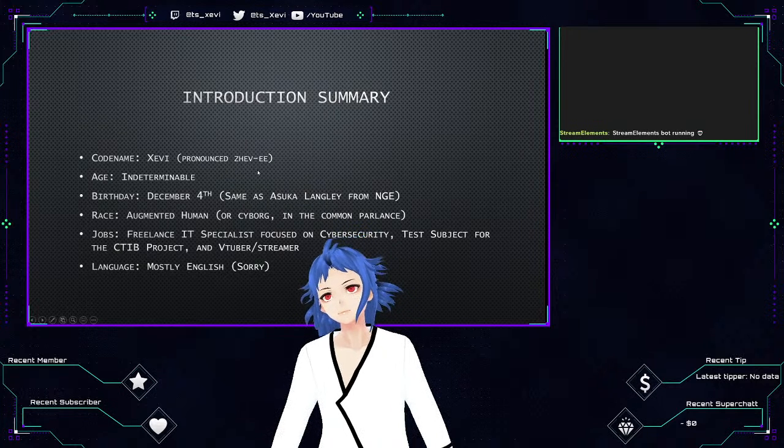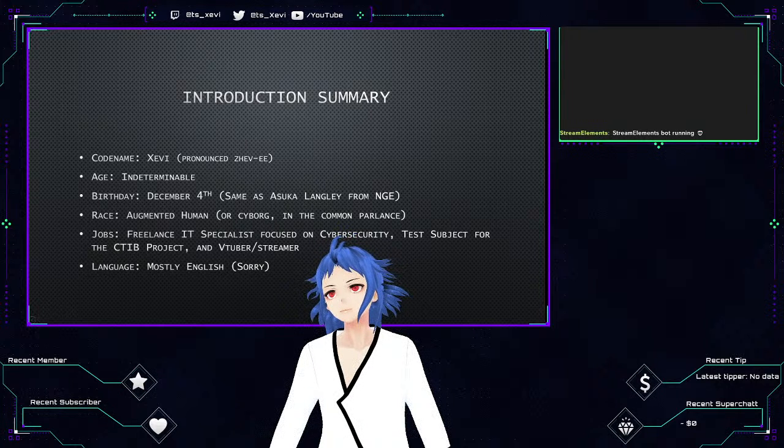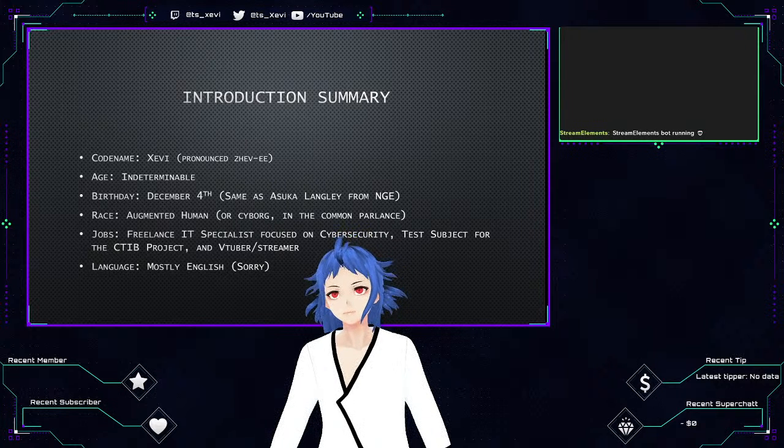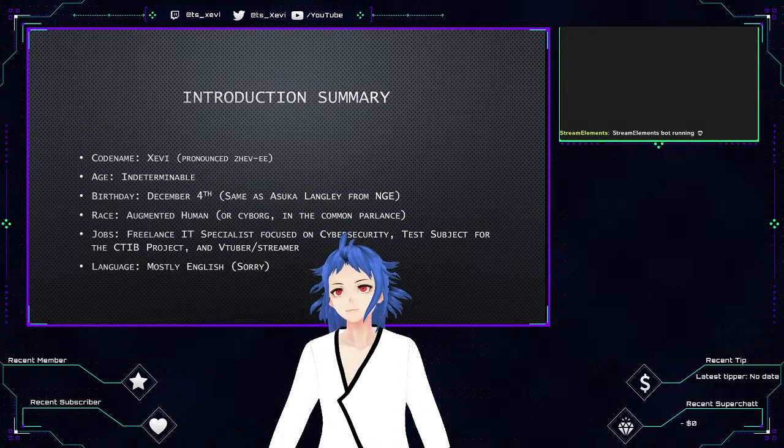My age is currently indeterminable because, as you saw during the introduction video, my current self, which is your present, and my future self are connected via the cross-temporal information bridge, from my future self's present, your future, to the current self that is within the same timeline as you all, the observers watching right now.